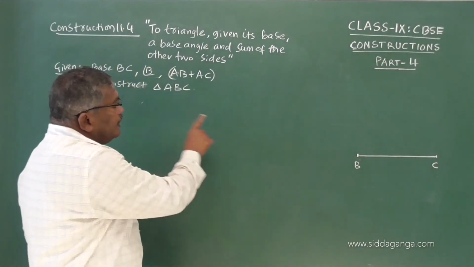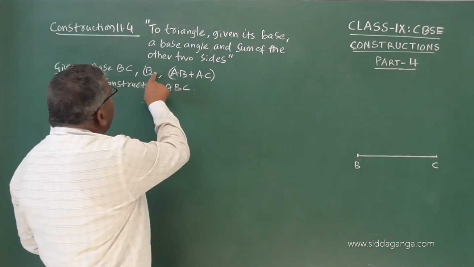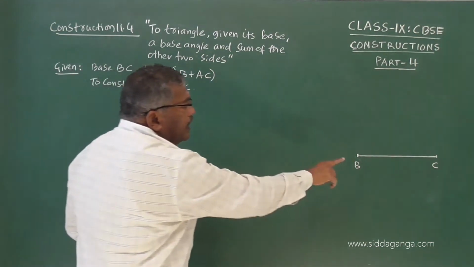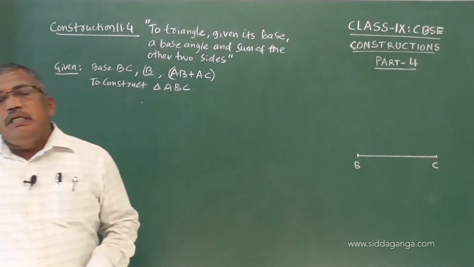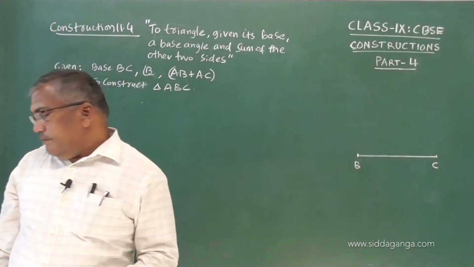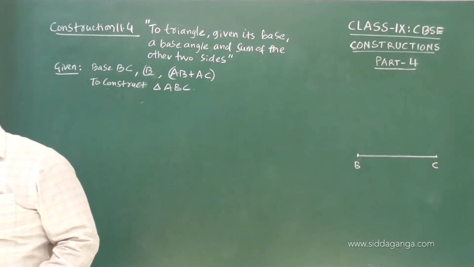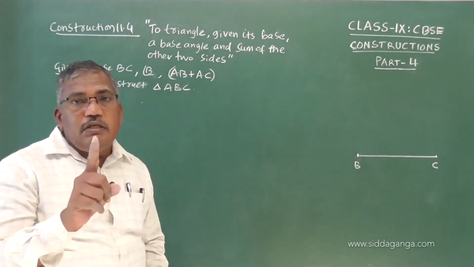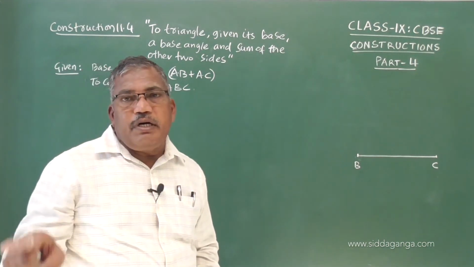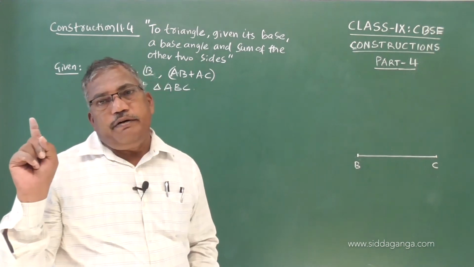So, at point B, whatever angle is given, that angle you have to construct using compass and scale, not using protractor, remember, not using protractor.